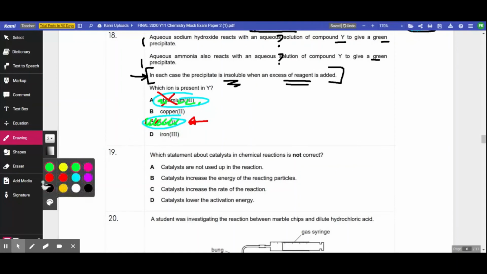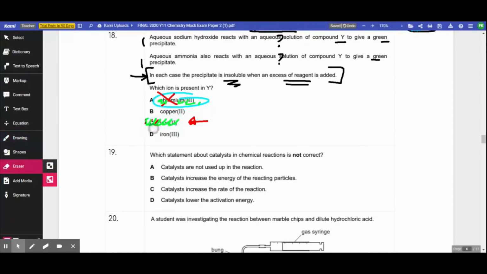So the answer is iron 2. Iron 3 forms a rusty, brownish type of precipitate, and copper 2 is very familiar. It's a very rich royal blue kind of color that comes out from that one. So the correct answer is iron 2.